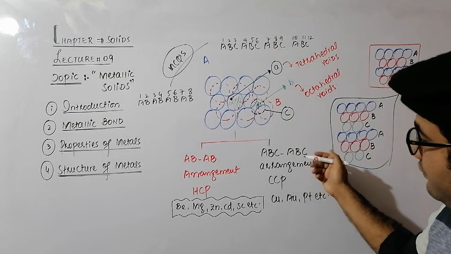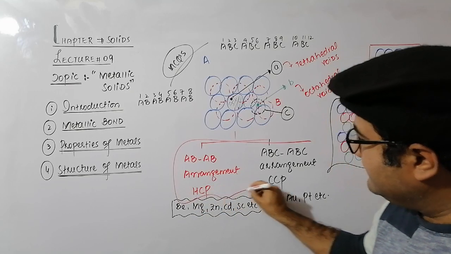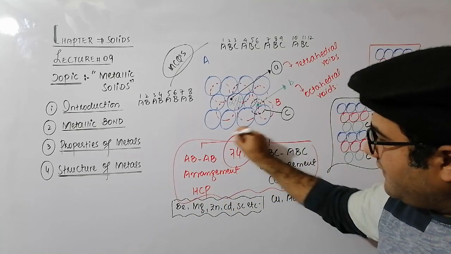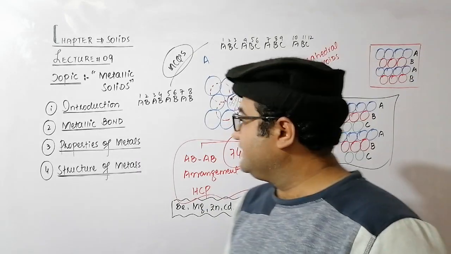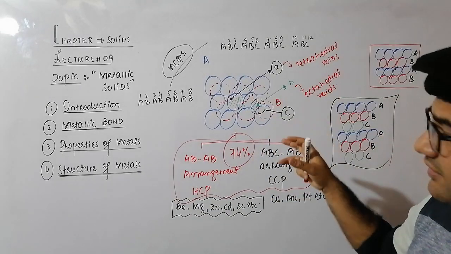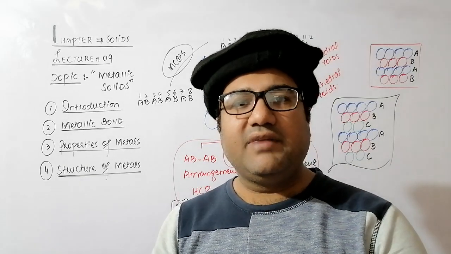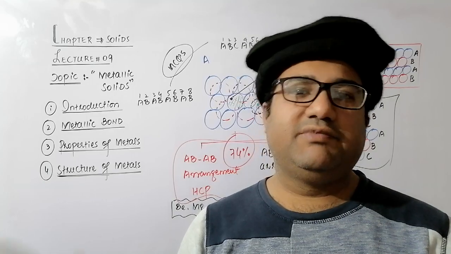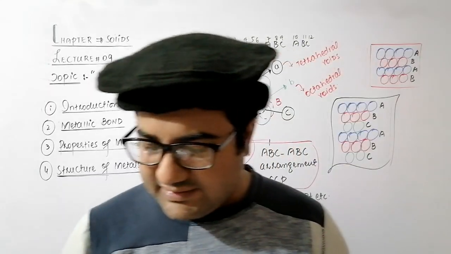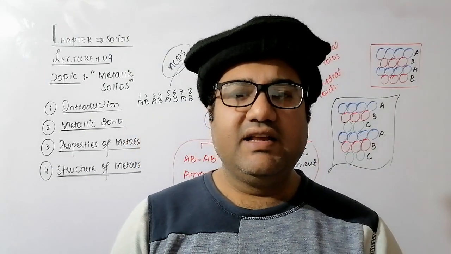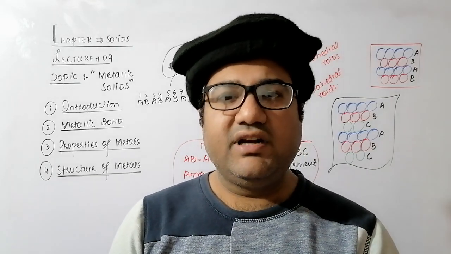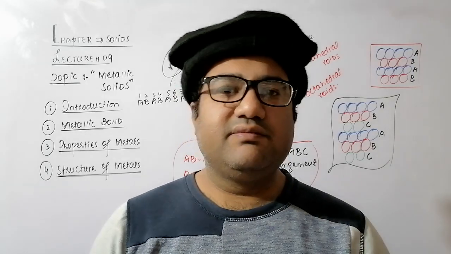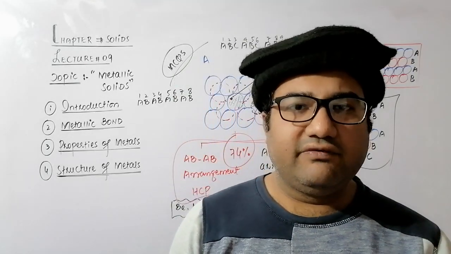But keep in mind, in both these structures, the metal atoms will occupy only 74% of the available space, and the remaining 26% will be empty spaces between them. So in both these packings, suppose if 100 meter square is the area available, then 74 meter square will be occupied by the metal atoms, and 26 meter square will be the empty spaces.